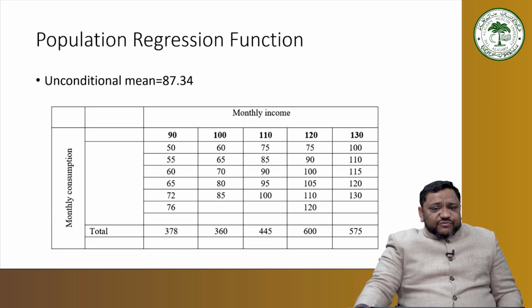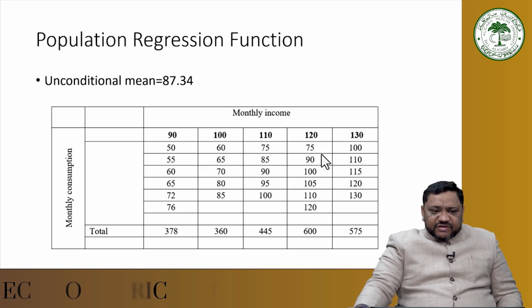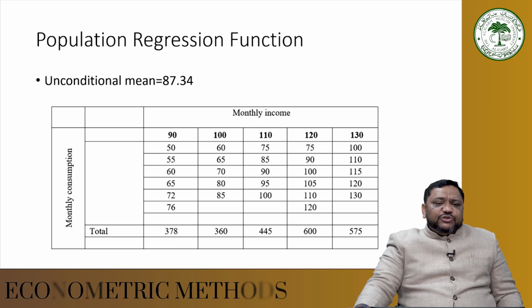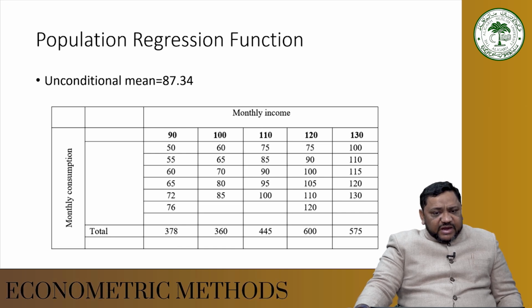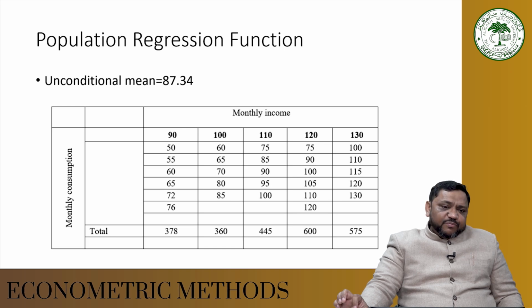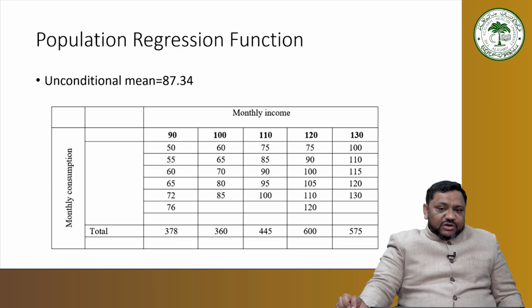We divide the total by 27 families: 2358 divided by 27 is equal to 87.34. This is what we refer to as the unconditional mean. It is unconditional as here we have not considered the different income levels of the different families.